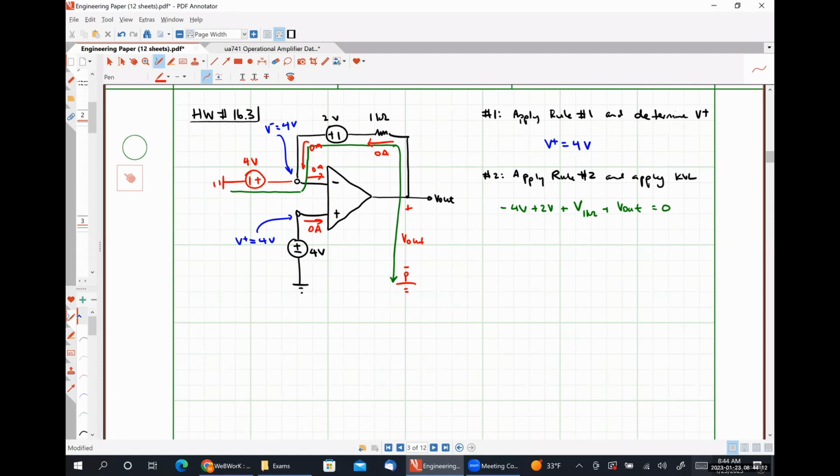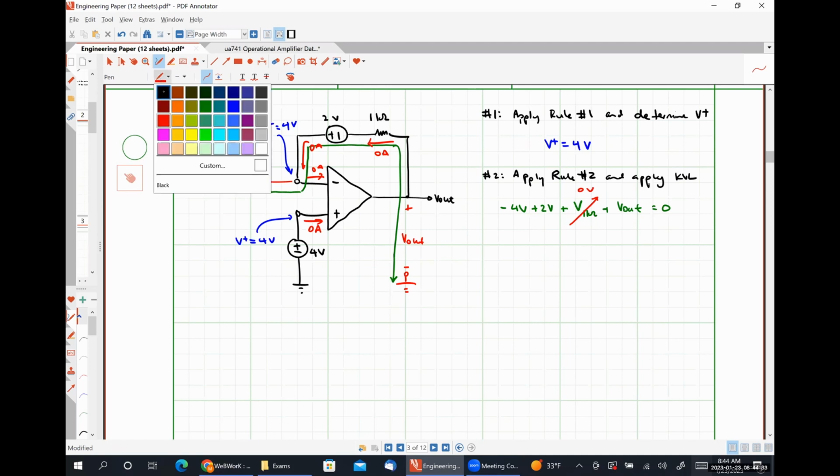So if any current flows through the 1 kilo ohm resistor, that means current has to be flowing into or out of our inverting input terminal. So the voltage drop across our 1 kilo ohm resistor must be 0 volts.